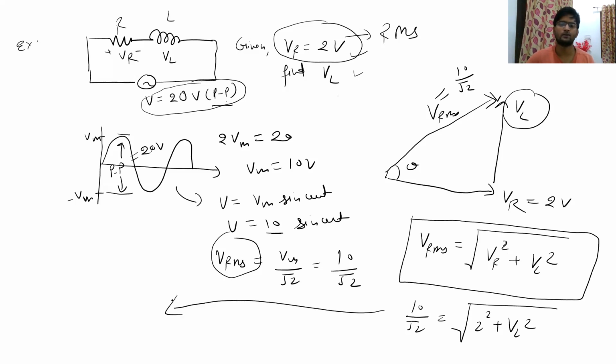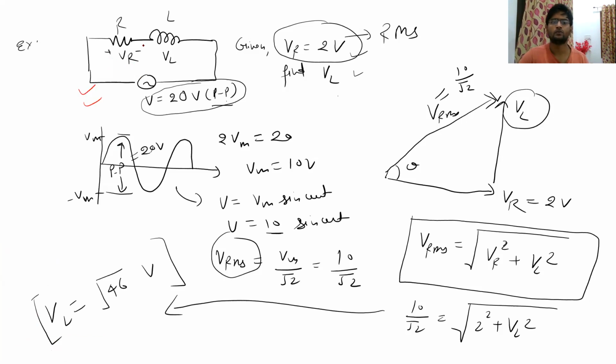So from here, you can find VL is equal to under root 46 volt, right? So this is very important for you to consider that in a question of steady state AC circuits, to find voltage across any element, you have to rely upon the phasor diagrams. You cannot just apply KVL and summation and find the output voltages.